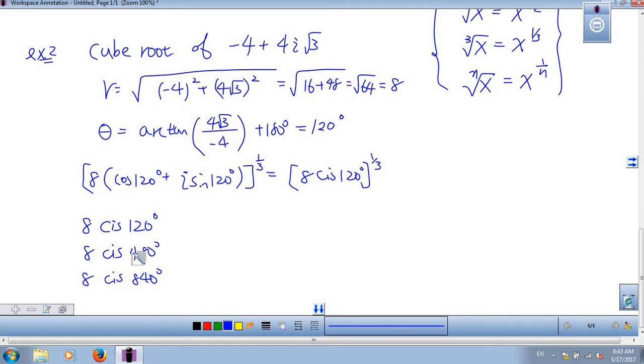So these three angles are all coterminal angles. So here, cis 120, cis 480, and cis 840 are all the same number, but they have different arguments. They all have the same radius.